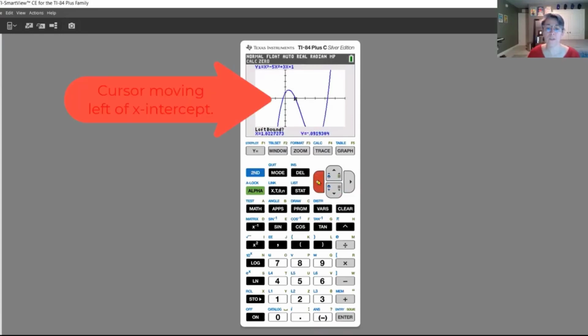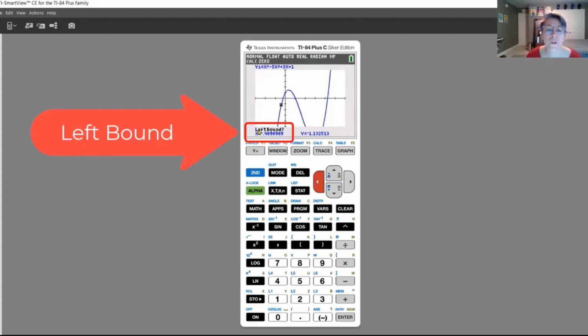So notice I'm going to hit this arrow button, and it's going to move my cursor there on the graph all the way over to the left, because I first want to find this left 0. So if we go down here, it says left bound. It's wanting us to give an interval where we know that 0 exists, so they know that we're looking for the same 0. So I'm going to move that cursor just to the left, and I'm going to hit enter.